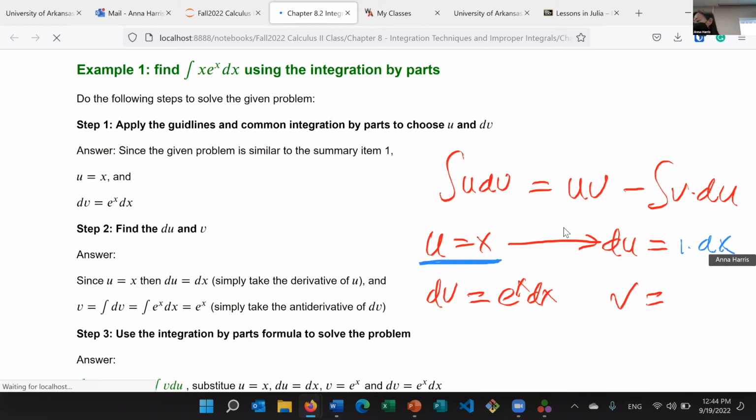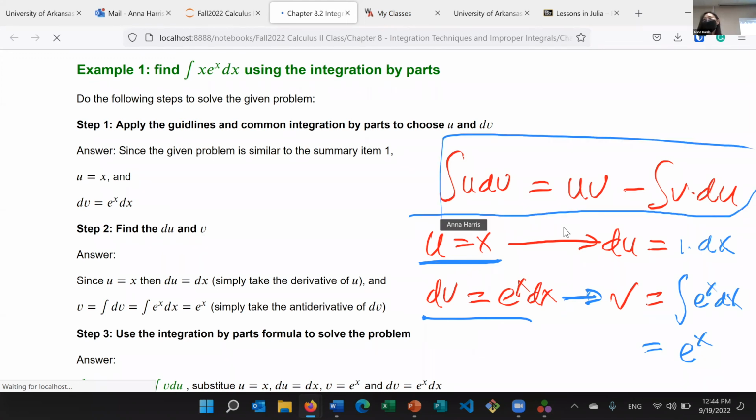How can I find v from dv? Take the integral. So I take the integral of e to the x dx. What is that equal to? e to the x. Now, can I plug into my formula? So tell me what's u. u equals x.